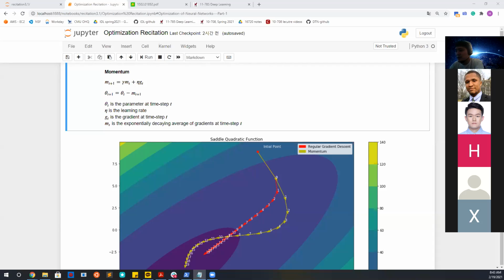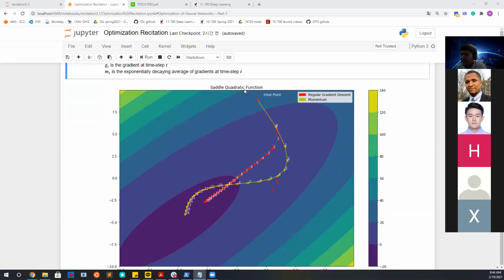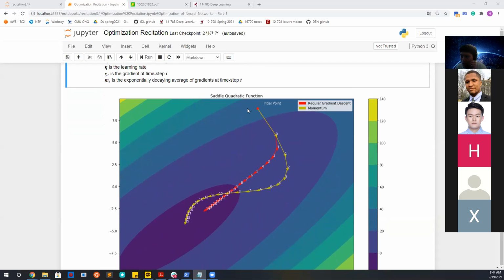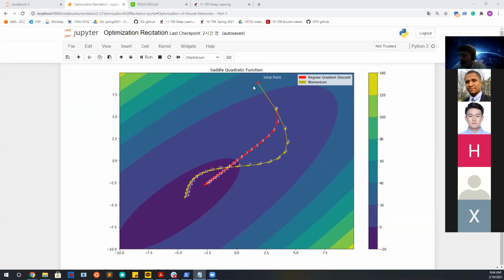Yeah, but there's one characteristic of momentum, which is that it's a little bit reactive in nature. In this plot, you can see that regular gradient descent just goes through here, but momentum tries to fix the oscillating part by decreasing the step size of the oscillating part.